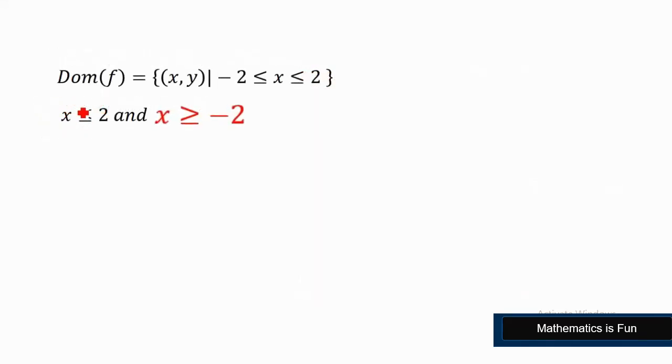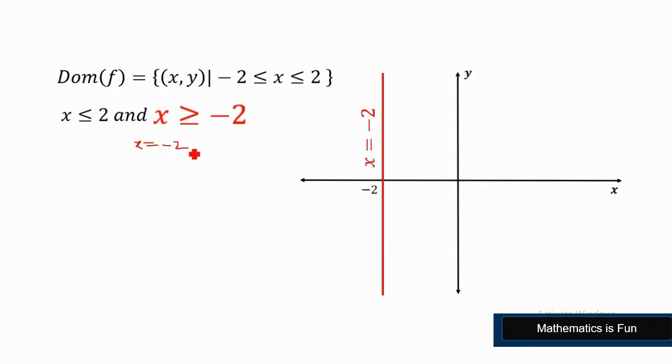Let's now sketch x greater than or equal to minus 2, and then we can get the domain of the function. Here it is related to the line x is equal to minus 2. So here it is the vertical line that cuts the x-axis at minus 2. Now here the inequality x greater than or equal to minus 2 means the ordered pairs on the right side of this vertical line.